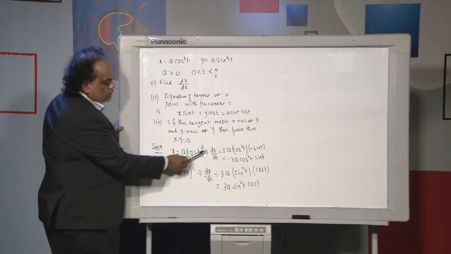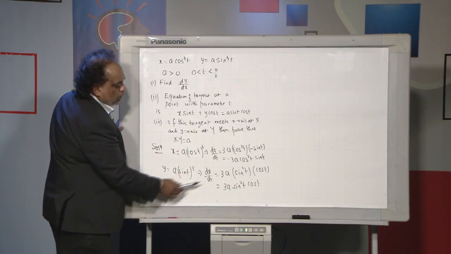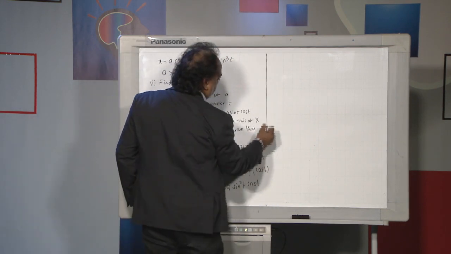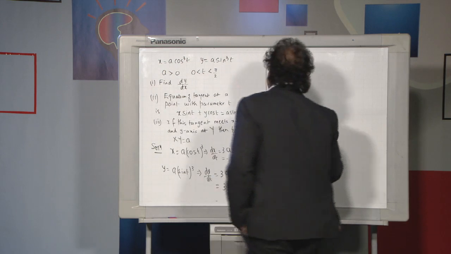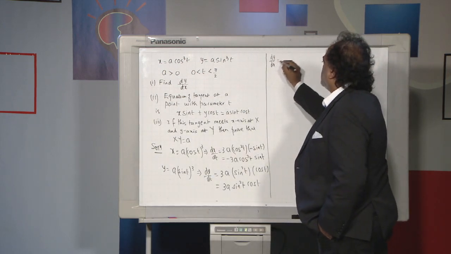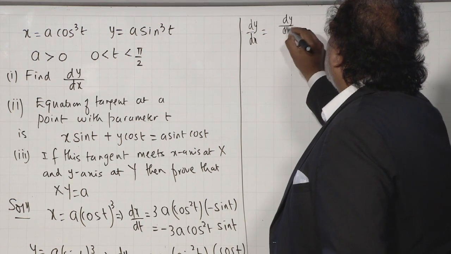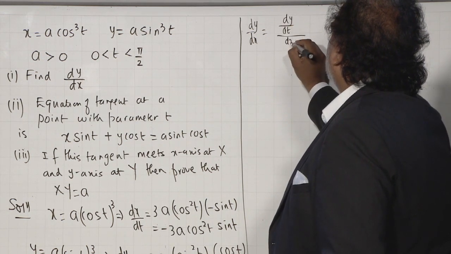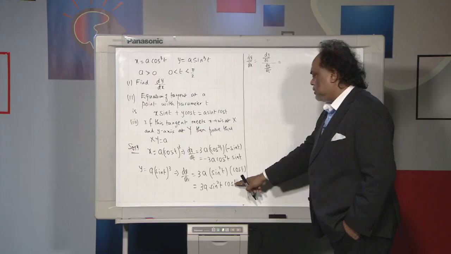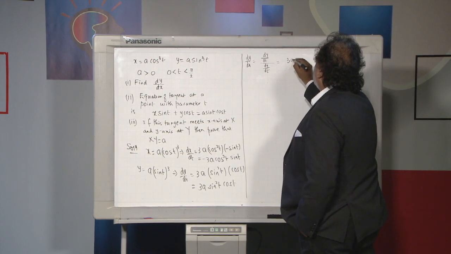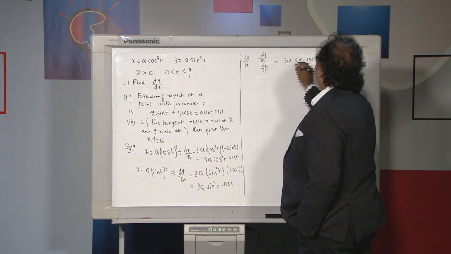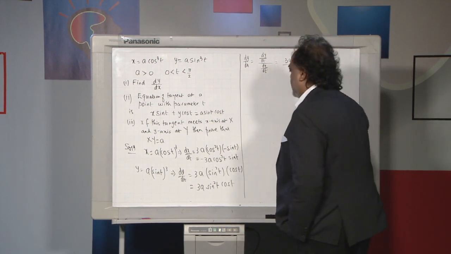So we have obtained dx by dt, we have obtained dy by dt. And as you know, to obtain dy by dx, what will we do? dy by dt divided by dx by dt. What is dy by dt? 3a sine square t cos t. What is dx by dt?